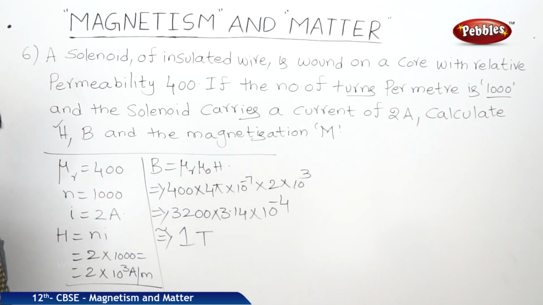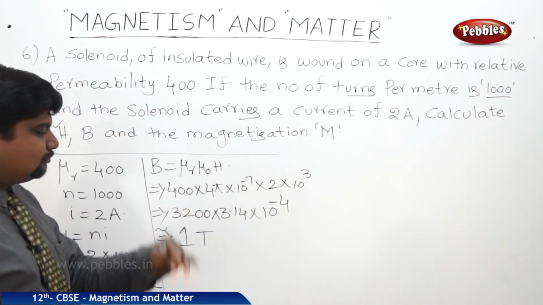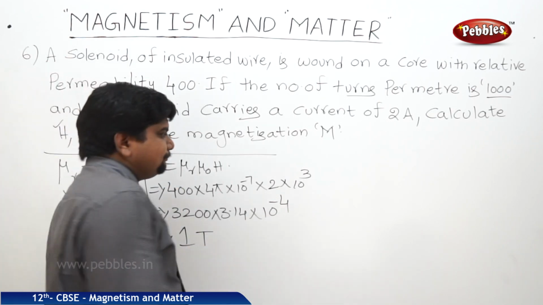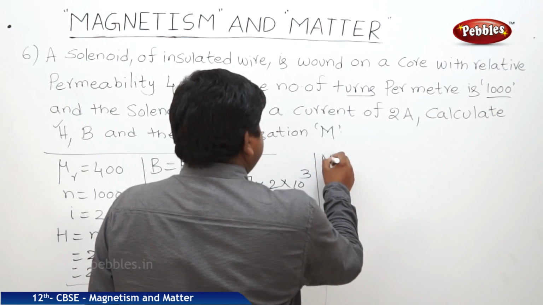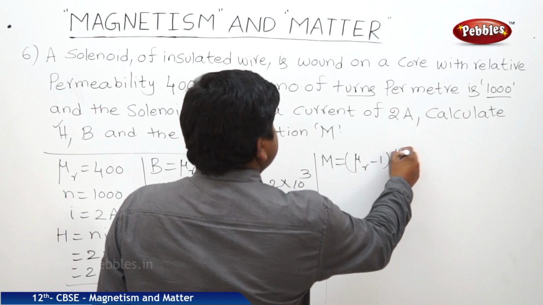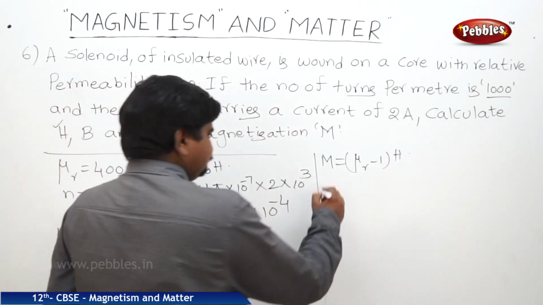This is approximate. Because 3200 into 3.14 we will get some 10,000. So 10,000 into 10 to the power of minus 4, 1 Tesla. Next one, M. Mu R minus 1 into H, because M is equal to chi H. So chi is equal to mu R minus 1.